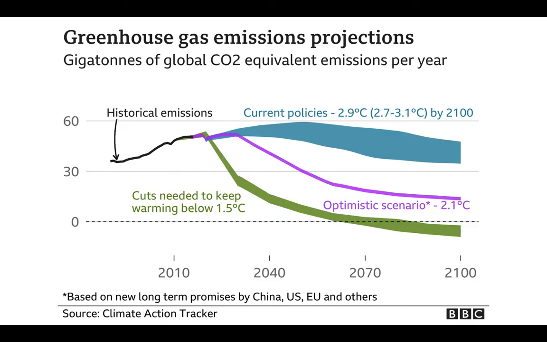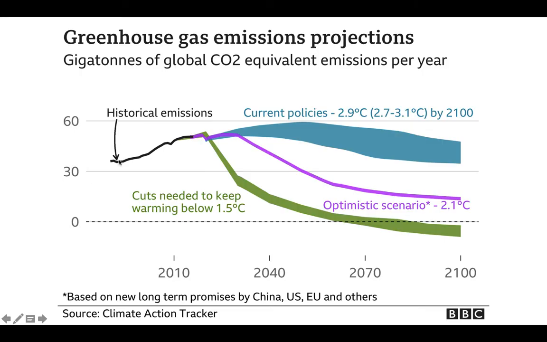So there is hope through legislation, through global action, right? If we want to solve global problems, we've got to act as a globe. We can't expect to solve it on our own or expect other countries to figure it out for us. If we look at this graph, we've got projections of climate change. We've got time on the x-axis, and on the y-axis, gigatons of global CO2 emissions.